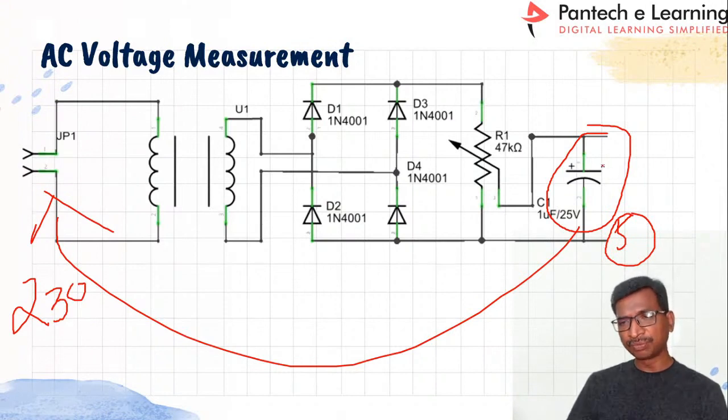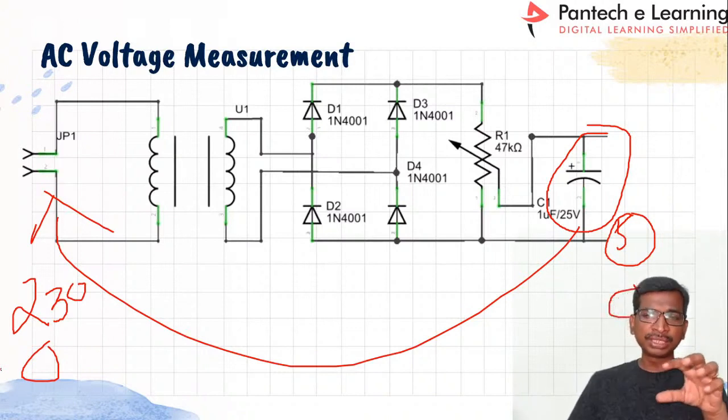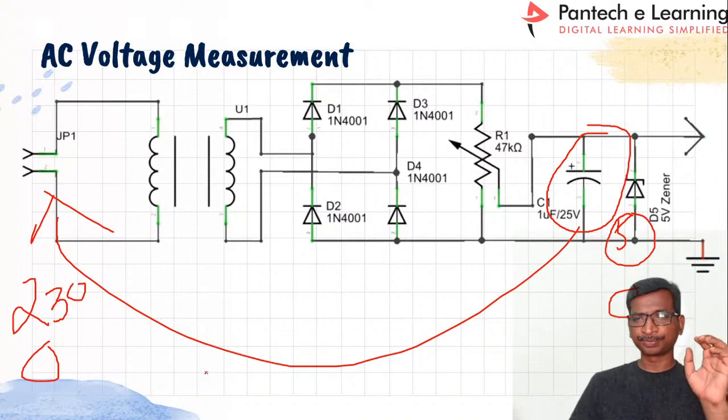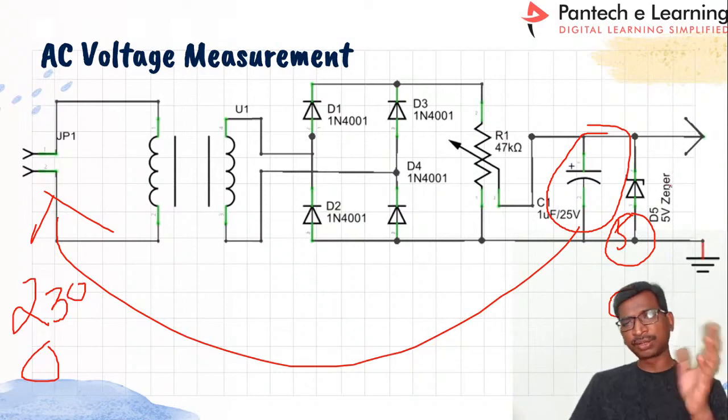If it is 0 volts, then the voltage here will be 0. Like that you can equate the voltage and connect it to the microcontroller. After that you have to connect a 5 volt Zener diode as a protection circuit, and then connect to the microcontroller.